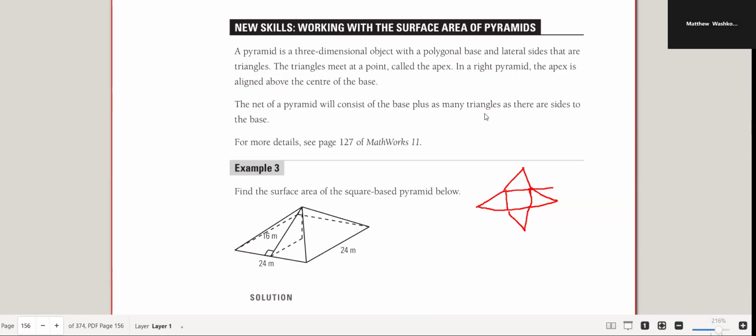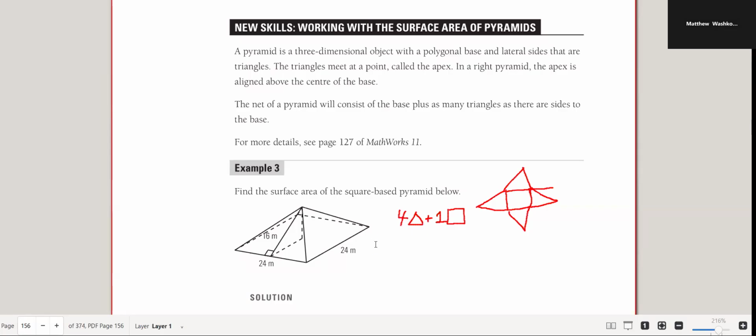So that's what we got to do here. If I give you this surface area, like, hey, I want you to find the surface area. What is a pyramid? It is 4 triangles, and it is 1 square. So all I got to do is find the solutions for that, right?